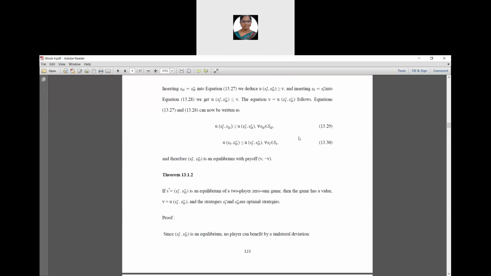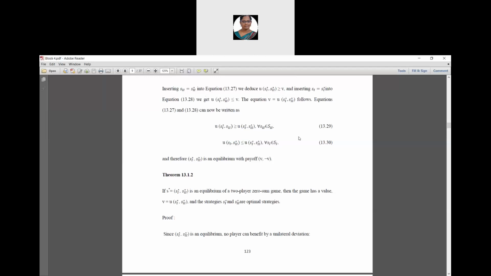Let it be equation number 13.29. And the second equation becomes U of S1 comma S2 star less than or equal to U of S1 star comma S2 star for all S1 belongs to S1. Let it be equation number 13.30.